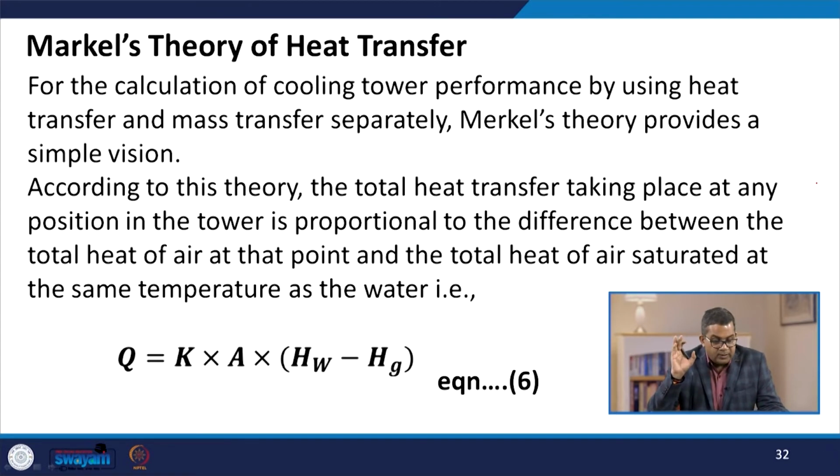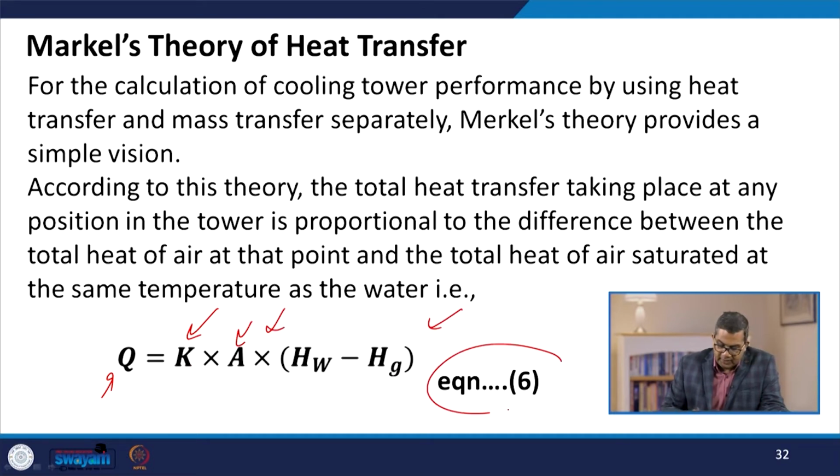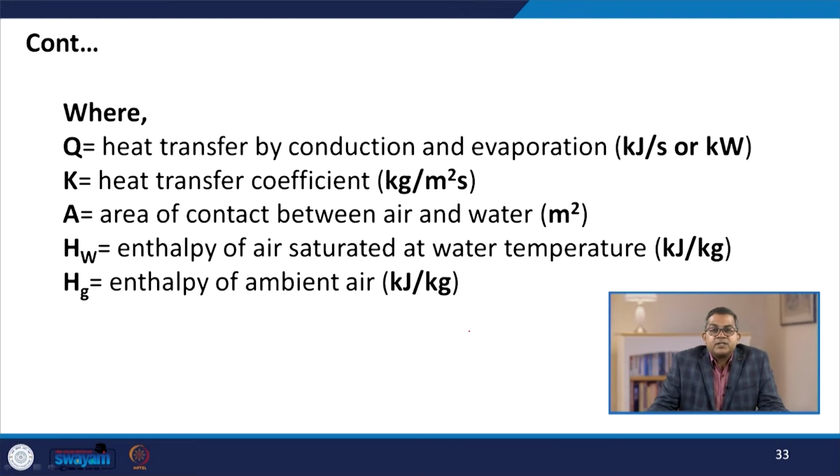According to this theory, the total heat transfer taking place at any position in the tower is proportional to the difference between the total heat of air at that particular point and the total heat of air saturated at the same temperature as the water, and that is Q is equal to Ka into A into (Hw minus Hg), and that is equation number 6.